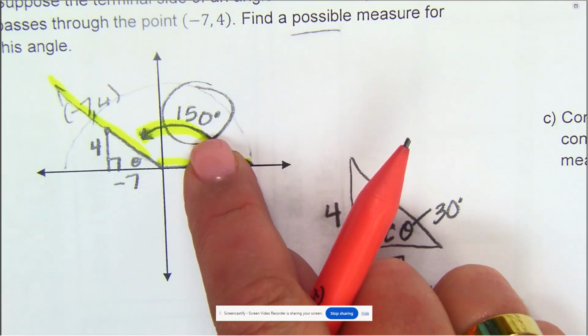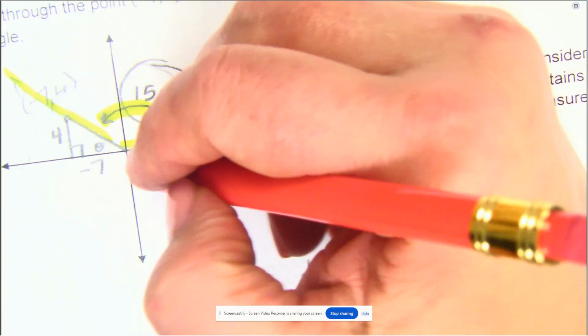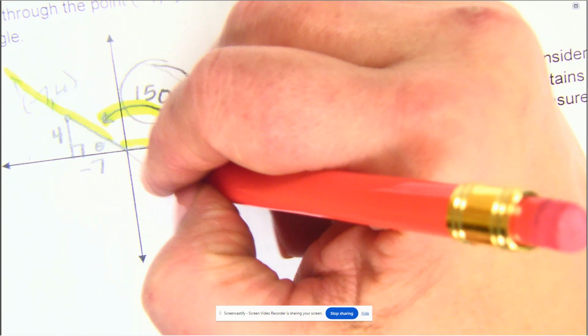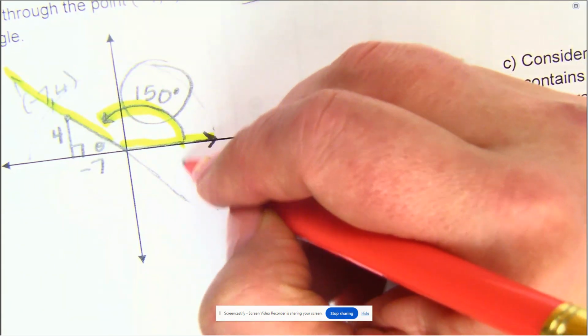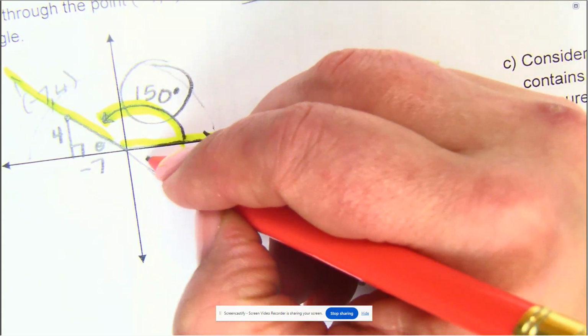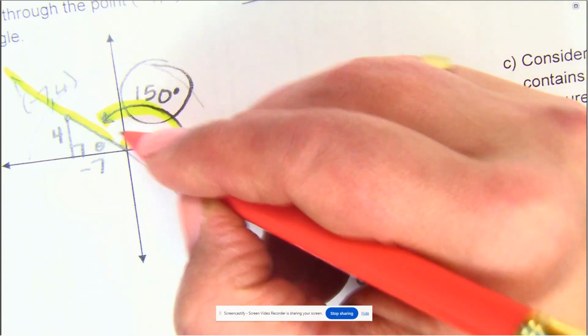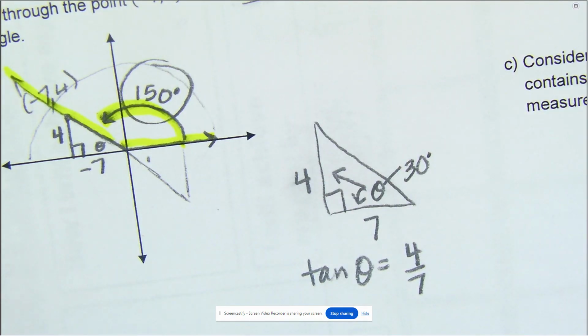That wouldn't have worked on this one. Remember when we did it here, it gave us negative 30. That's because it's giving us this right here, which is the same triangle over here. Then we have to know where we are and that it's actually 150. Okay?